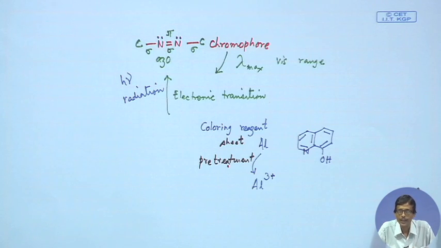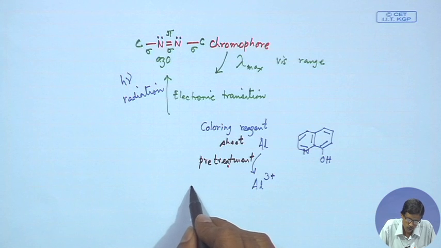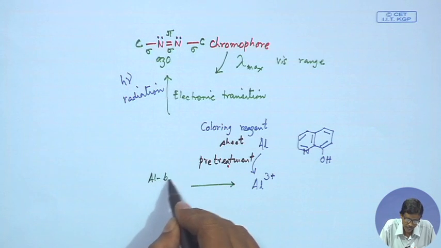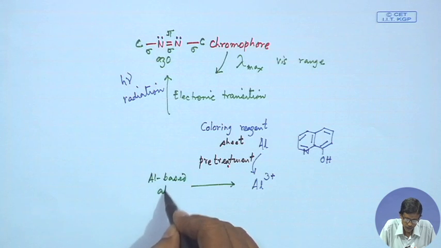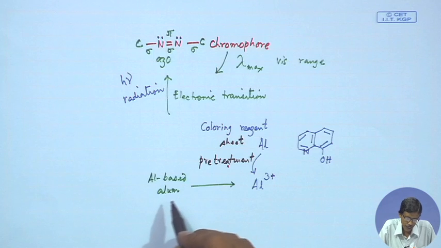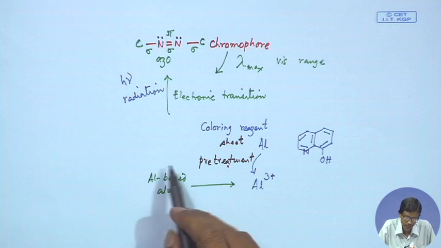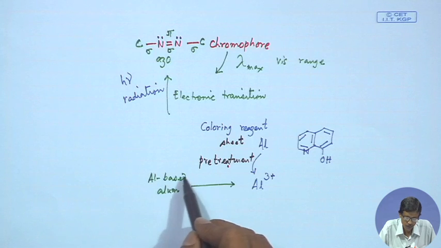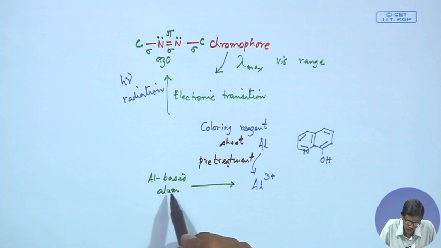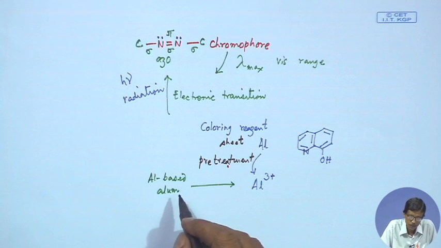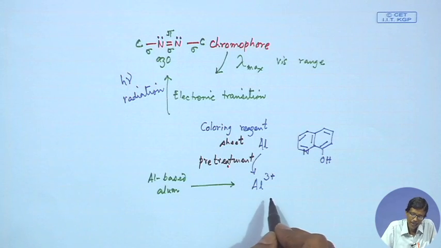is giving rise to Al3 plus in solution, or in other way, if once you know the procedure, you can handle say some aluminum based alum. We all know that the double salt alum is there, where aluminum is present along with any other corresponding cations like sodium as well as the potassium. So, the sodium and potassium based alum will give you something where we find that this is there.